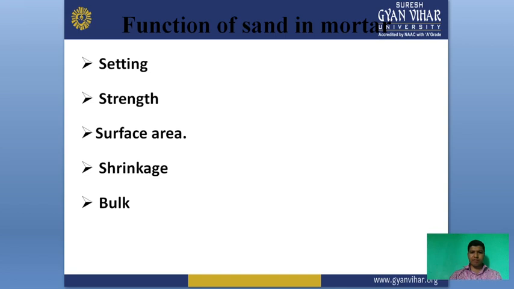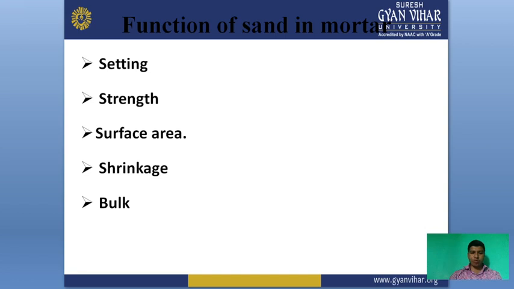What is the function of sand in mortar? The function of sand in mortar is setting with the other components of the material used in mortar. The first point is setting. Then it also provides better strength. And third, it also covers the surface area, and it also protects from shrinkage.